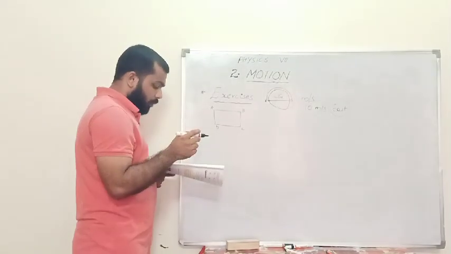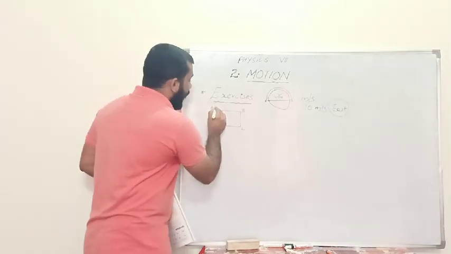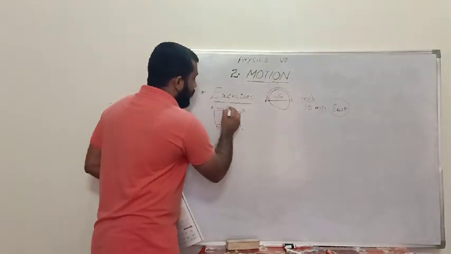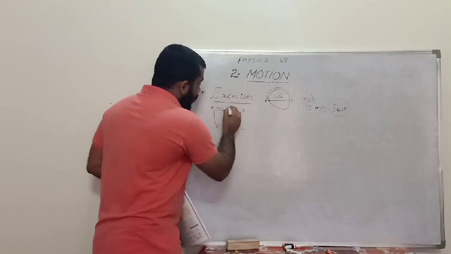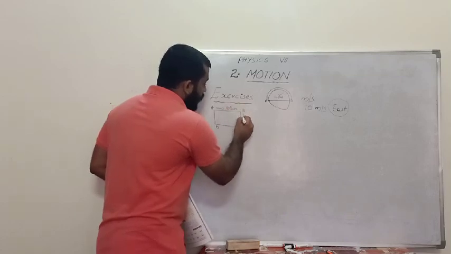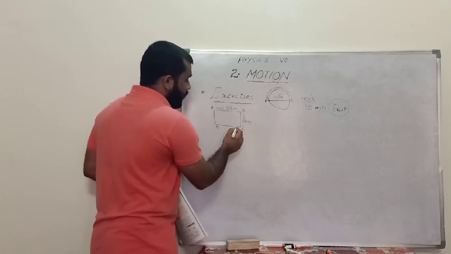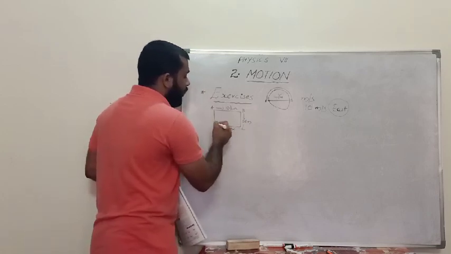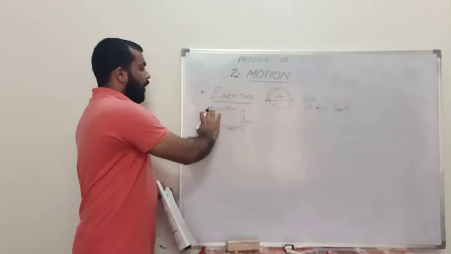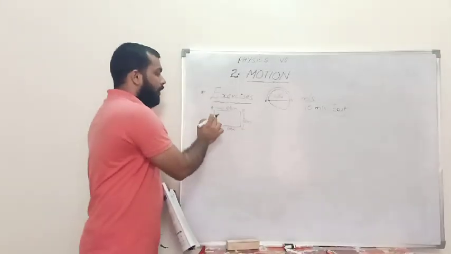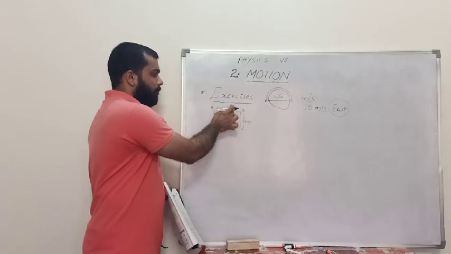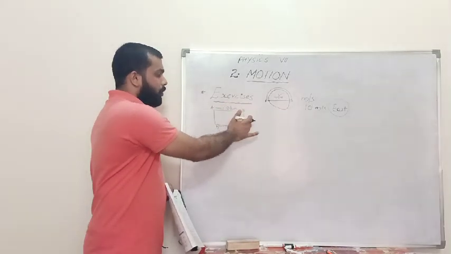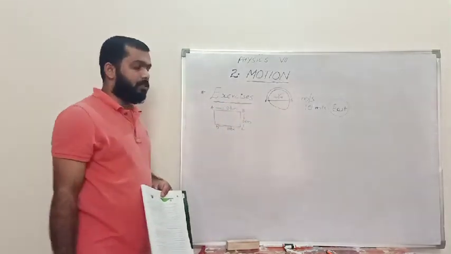That means it is going to travel from A to B, which is 10 kilometer. Then B to C is 6 kilometer. Then again from C to D, 10 kilometer. This much is given in the question.